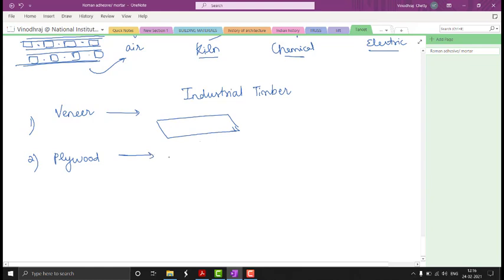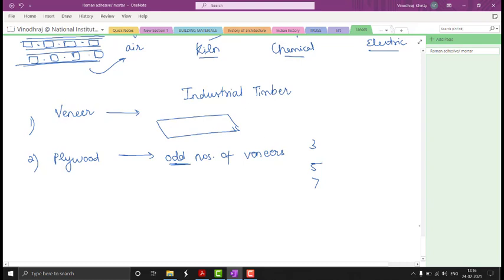When an odd number of veneers are compressed together, we get plywood. Remember it should be only odd, like 3, 5, 7. The thickness of plywood varies according to the number of layers.